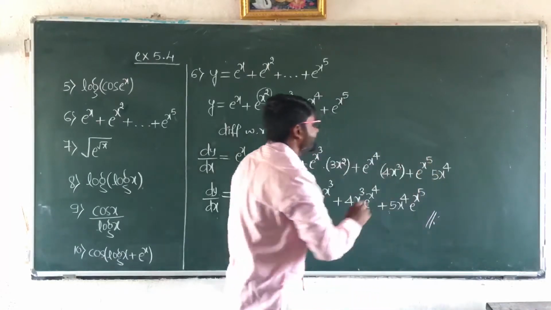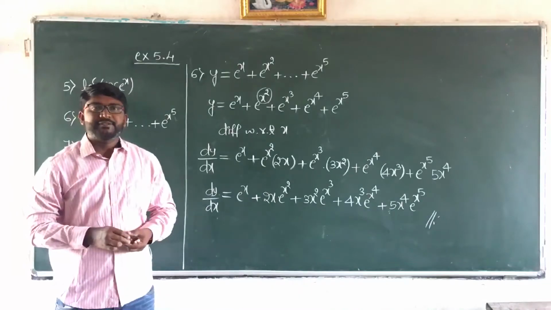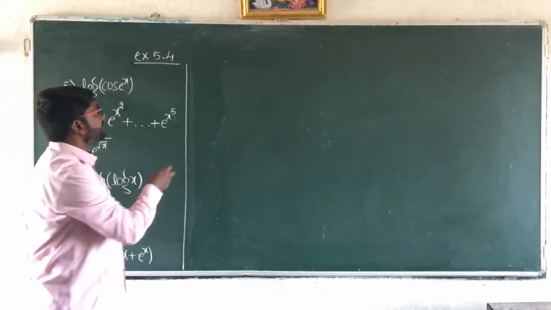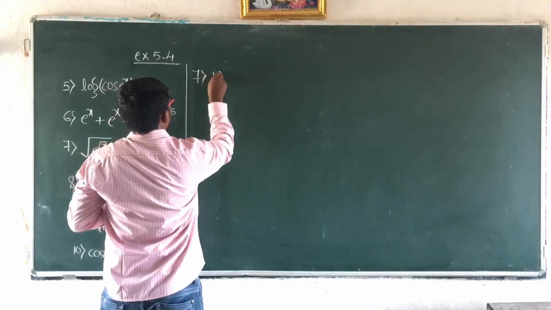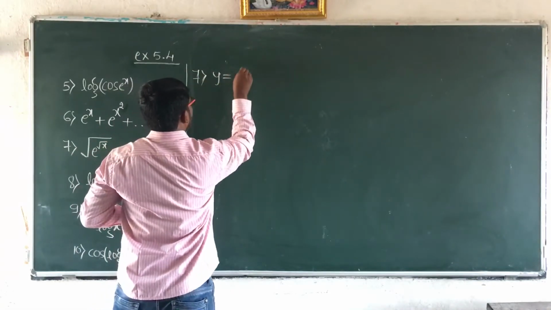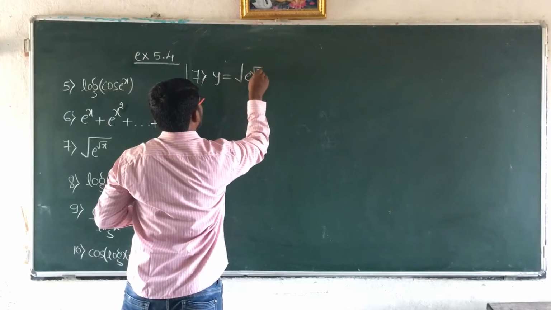So this is the final answer for the sixth one. Next question, it is seventh one. See here, seventh one. y is equal to under root e raised to root x.